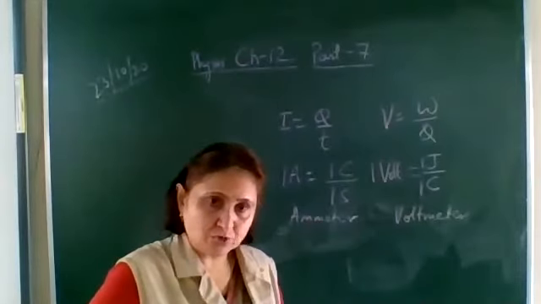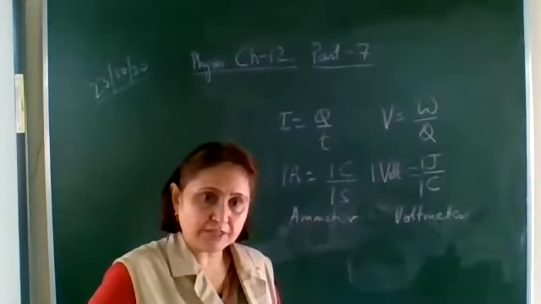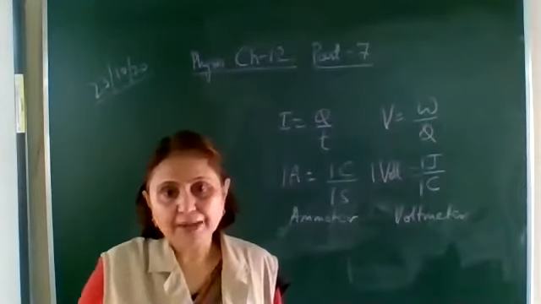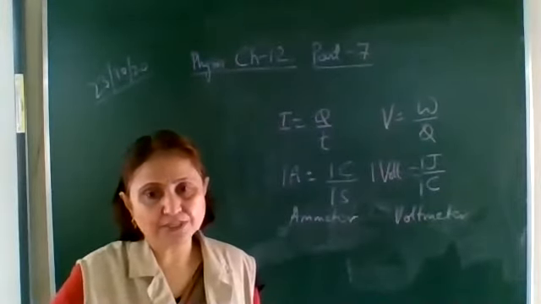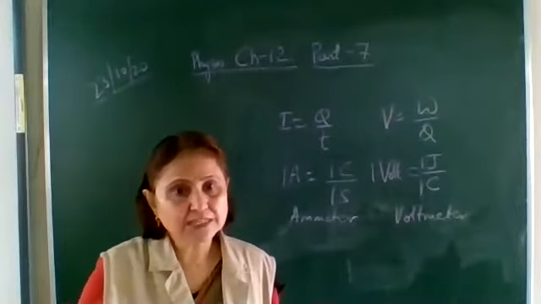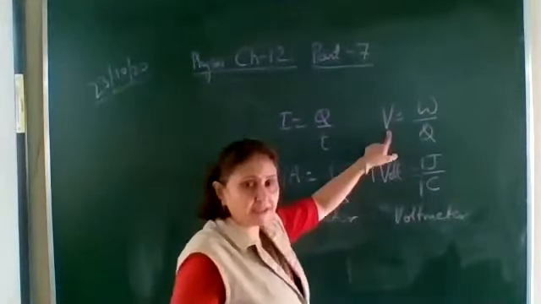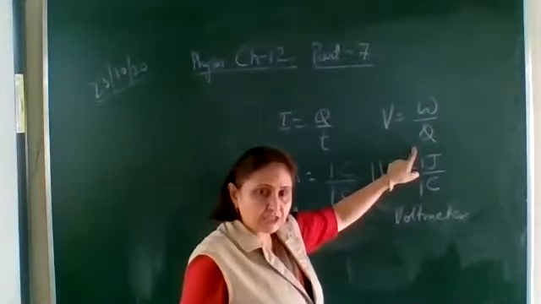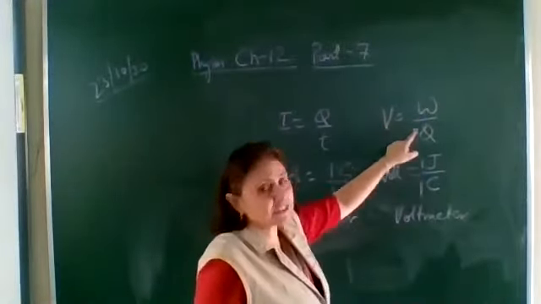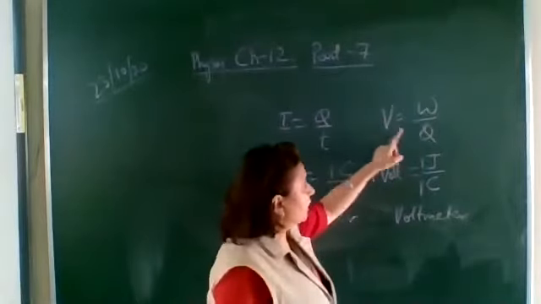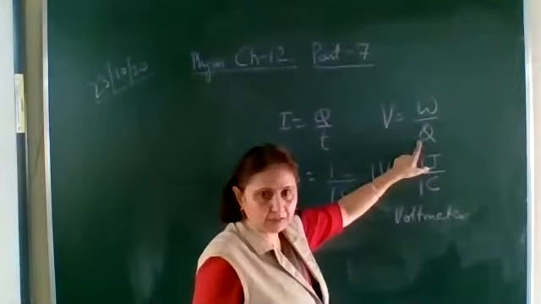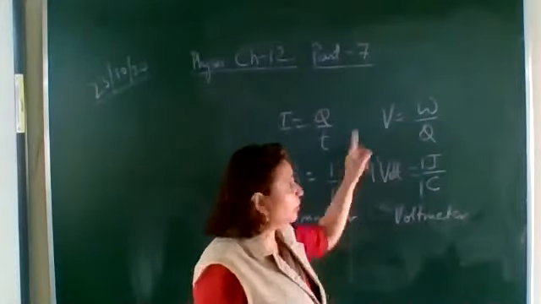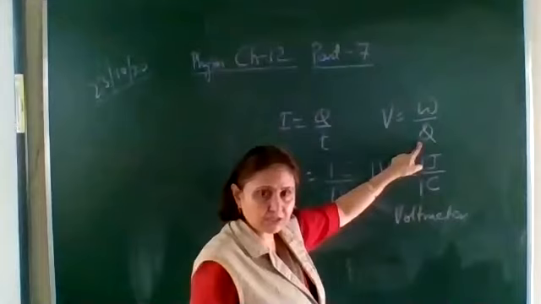In between any 2 points, if you have to find out the potential difference, you will connect a voltmeter in parallel in the circuit between those 2 points. From potential difference, 3 formulas can be determined. If the work is given in joule and the charge in coulomb, the potential difference will be in volt. If V and Q are given, work can be determined: W is equal to V into Q, potential difference into the charge.